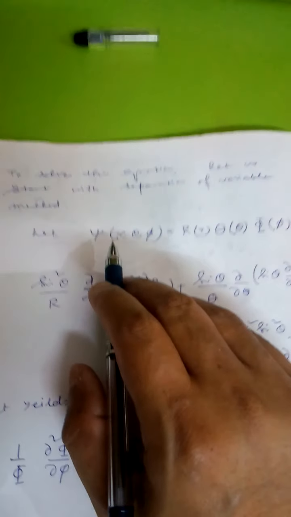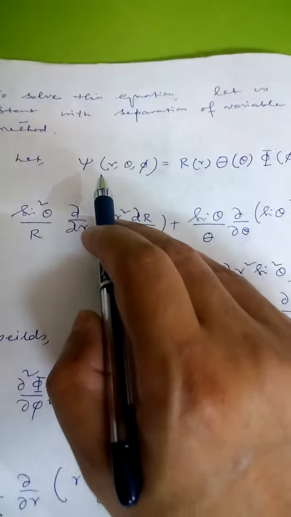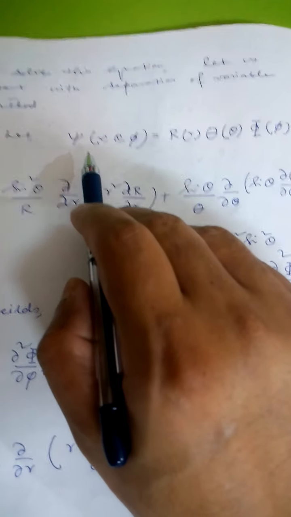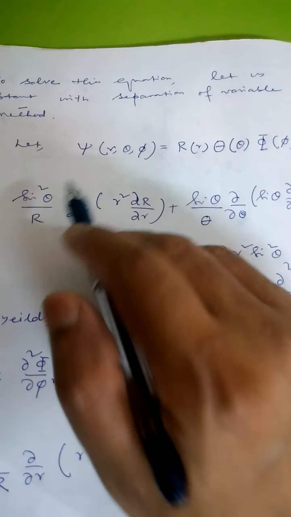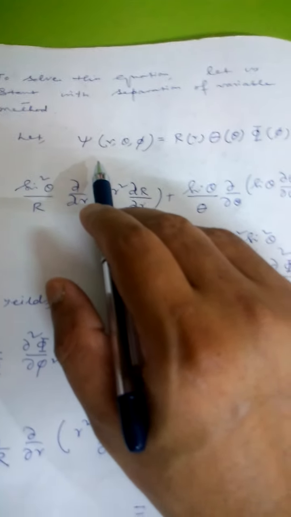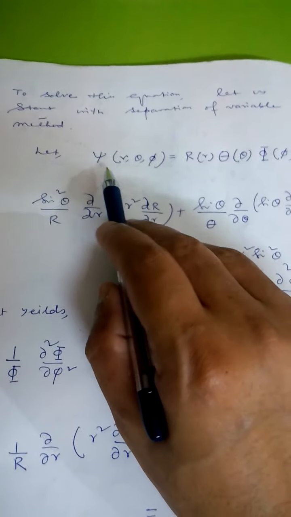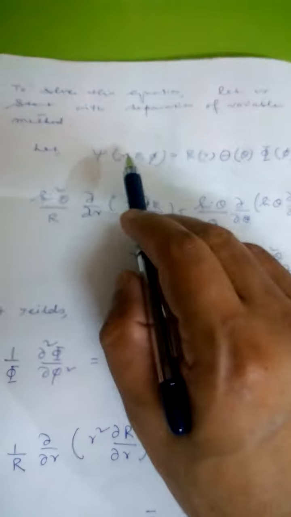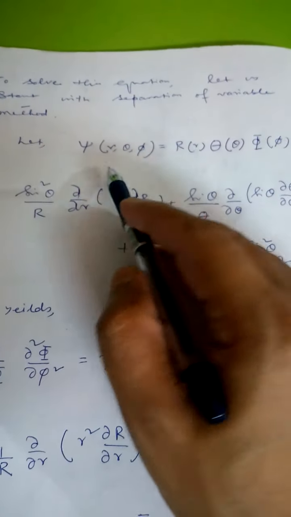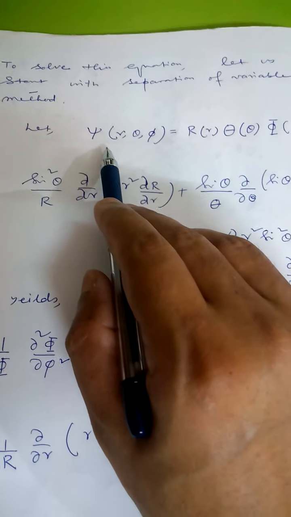I have already discussed this separation of variable method a little bit in the case of the three-dimensional box potential problem. I have already solved the three-dimensional box potential problem in terms of the XYZ coordinate system using this separation of variable method. So here we also employ the separation of variable method to solve this equation.